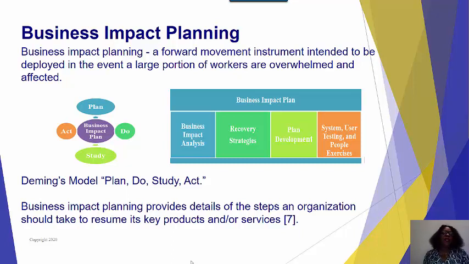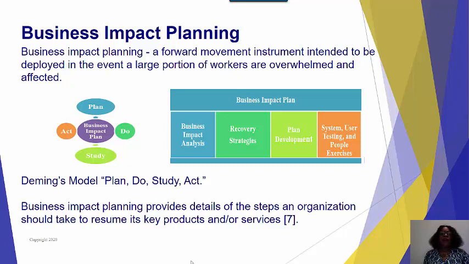I recommend using Deming's model: plan, do, study, act. Throughout, you're going to plan, we're going to review the data, we're going to study the data, we're going to be documenting this information, we're going to be verifying this information through every phase. What are the phases?